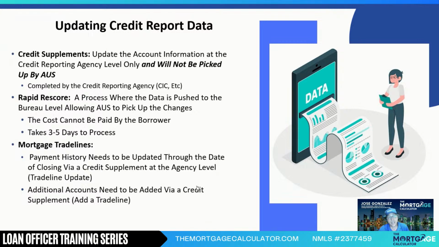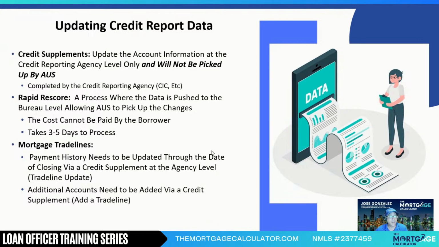Then that letter is the letter that gets sent to the bureau so that then the information can be pushed in a short amount of time and appear. And once it appears, then you pull the new credit report to get the new credit scores. So rapid rescores are for process where the data is pushed to the bureau level, allowing AUS to pick up the changes. And again, costs cannot be paid by the borrower. Usually takes 3 to 5 days to process unless you pay for a rush.